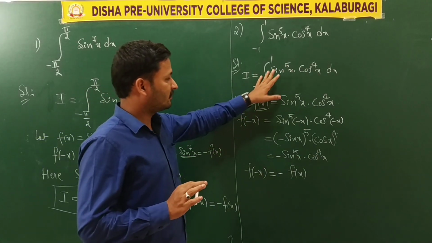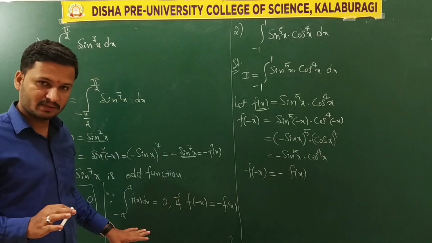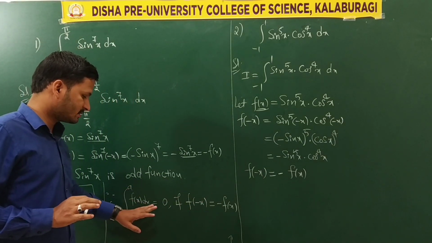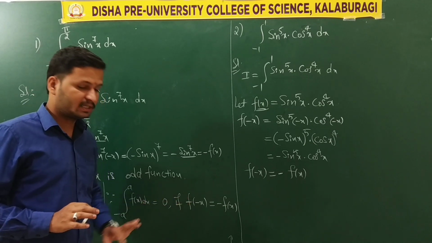Okay, so then definitely by property number 8, integration from minus a to a f of x into dx is 0 if the function is odd.